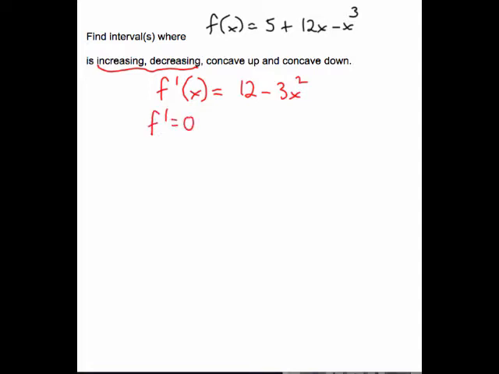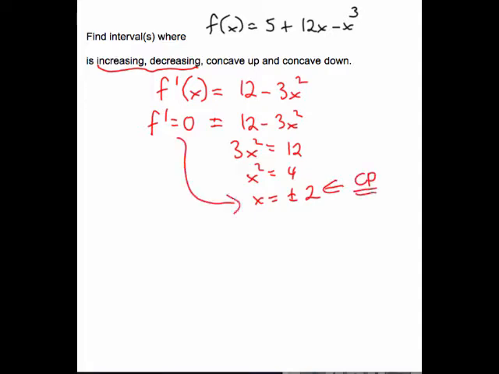So the derivative is 0 when x is plus or minus 2. These are called our critical points. Remember, our critical points are points where the derivative is 0. These are points where the function may change between increasing and decreasing.